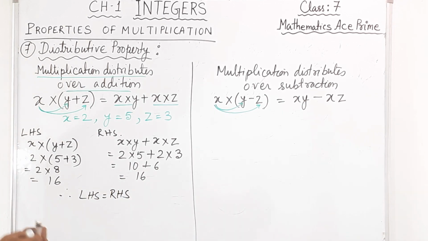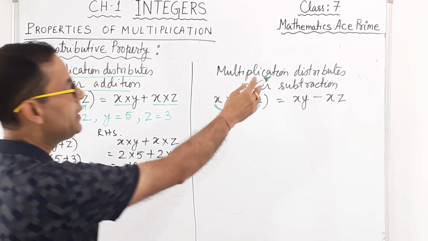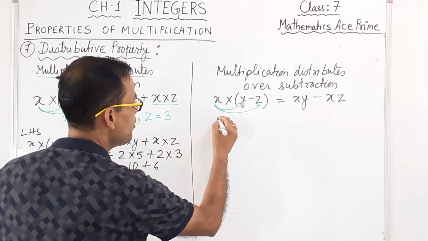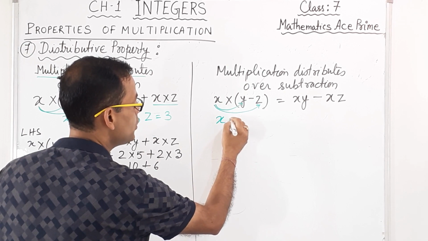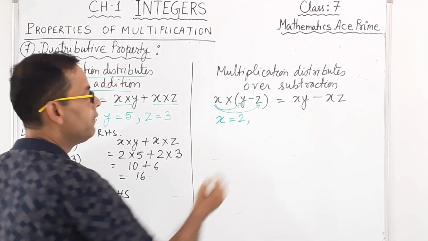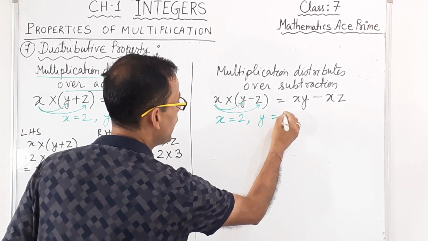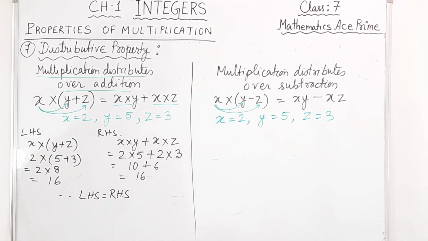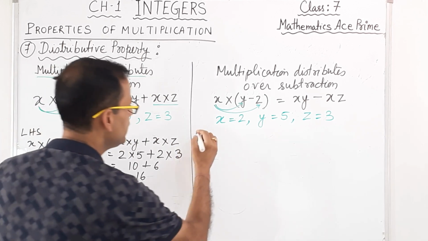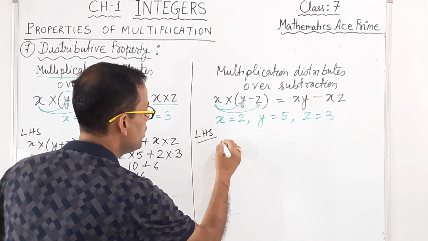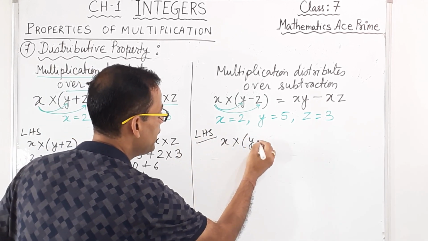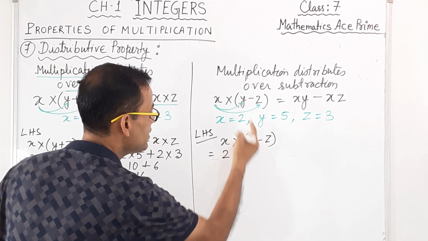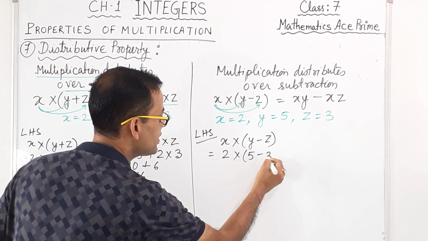Clear? Now for multiplication distributes over subtraction, here also in the same way, if I take x equal to 2, y equal to 5 and z equal to 3, the same values. Now how do we do it? LHS: x into (y minus z). So x is 2 into y is 5 minus 3.